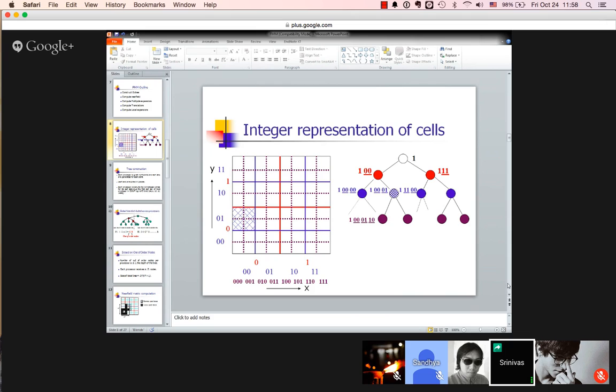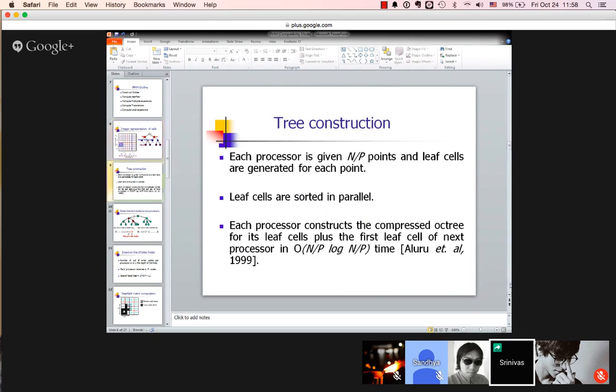Okay, can I move to the next slide? Yes. Okay. So for tree construction, again, I'm going to describe parallel algorithms from this point. I'll assume the existence of sequential algorithms without talking about them, just to save time. And if needed, I can either send you a paper or give you a talk at some point. So here is the parallel algorithm for tree construction.